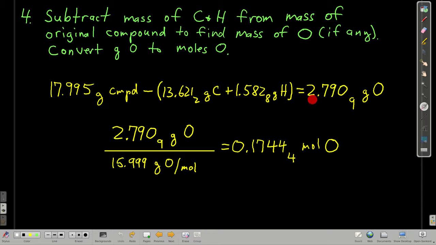If this number is close to 0 after the subtraction, that means there was no oxygen in the original sample. But in our case, there's a difference of 2.791 grams, which means it had to come from oxygen. So now we know the grams of oxygen. We convert this to moles of oxygen by dividing by the molar mass.